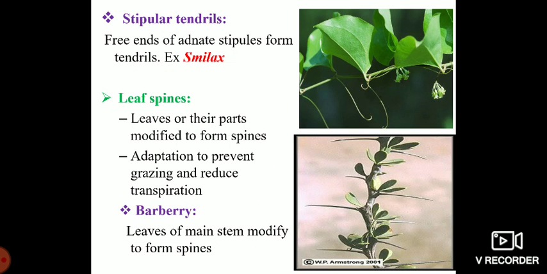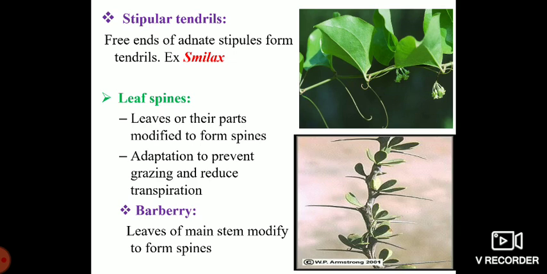Then another type is stipular tendrils. In this type, the free ends of adnate stipules form tendrils. Stipules are the lateral outgrowths which are present at the base of the leaf.